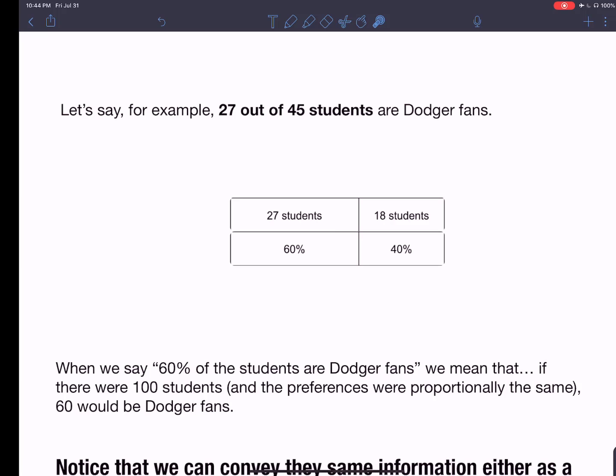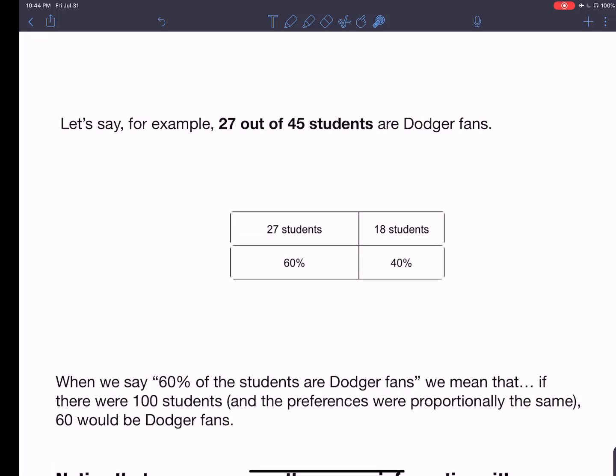So let's look at an example here. Let's say we have 27 out of 45 students who are Dodgers fans. So we found 45 students randomly walking around campus, and 27 of them claim to be Dodgers fans. If 27 of them are Dodgers fans out of 45, that means 18 of them were not.